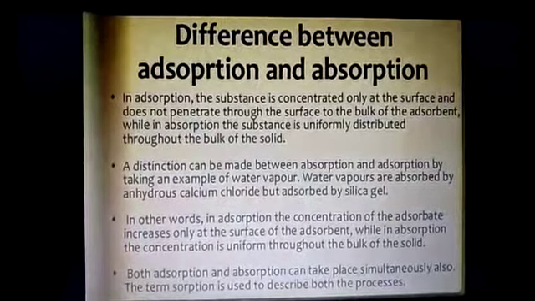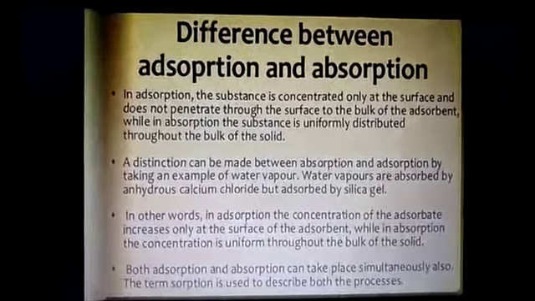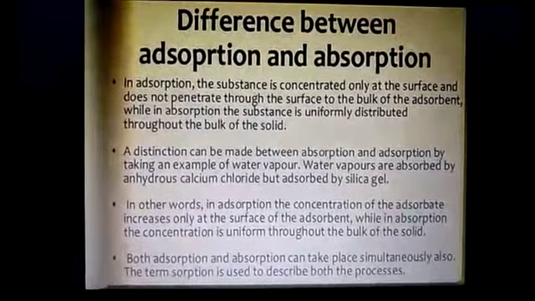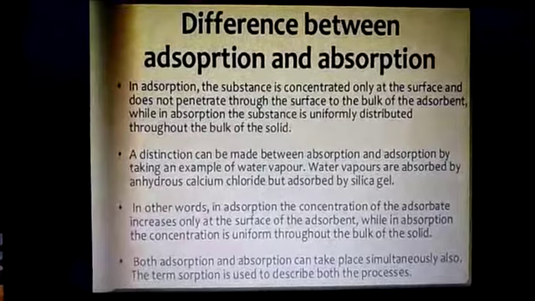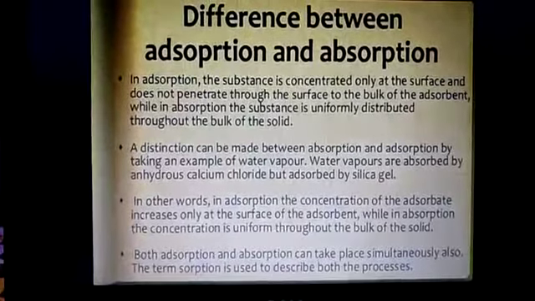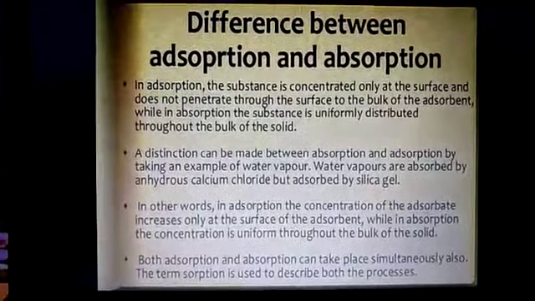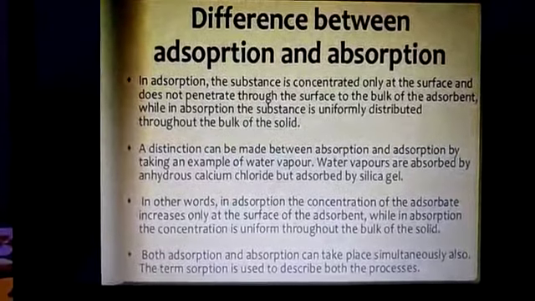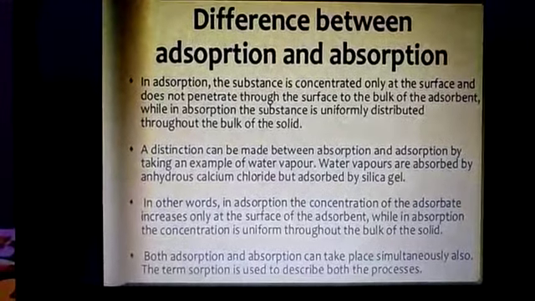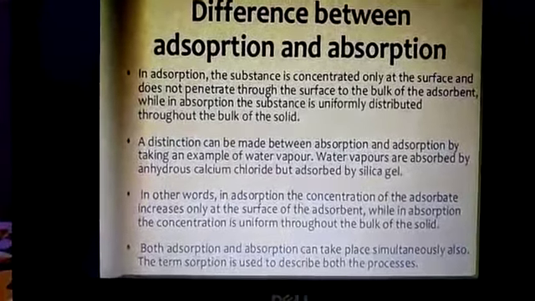Now, what are the differences between adsorption and absorption? Adsorption is a surface phenomenon. It occurs only at the surface of the adsorbent, while absorption is a bulk phenomenon. It occurs throughout the body of the material.